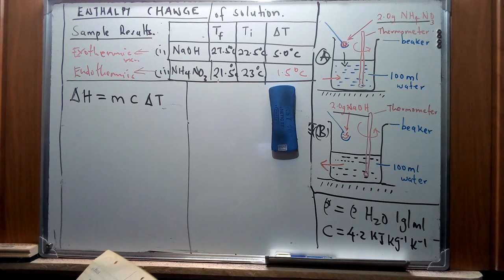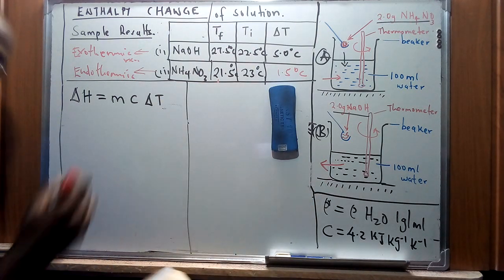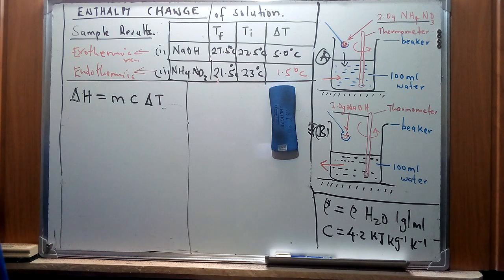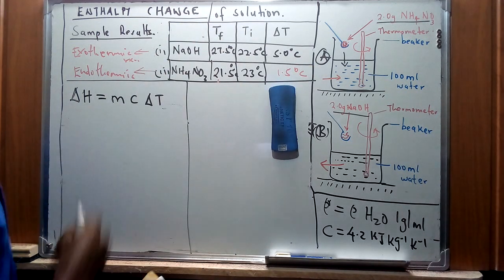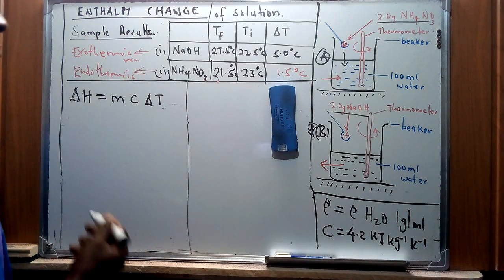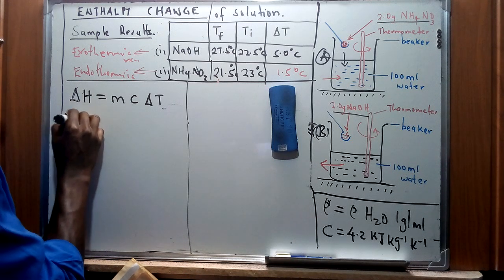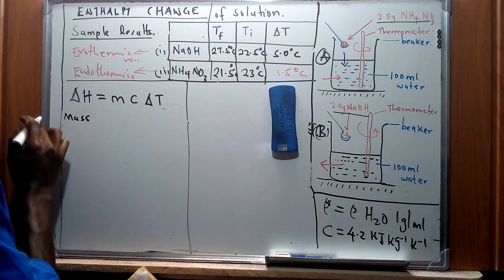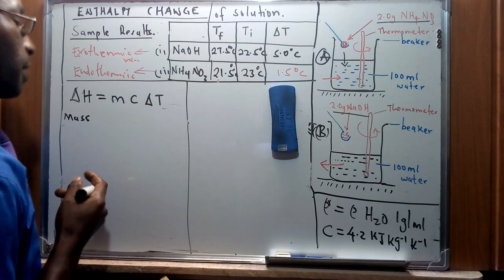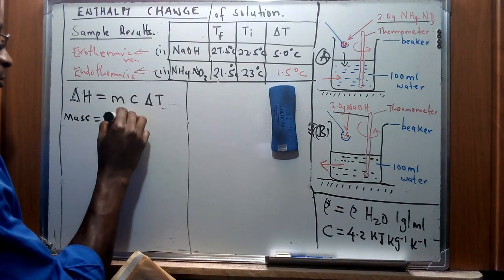So for us to find the enthalpy change for ammonium nitrate, we shall start with the first one, which is ammonium nitrate. We want to find the enthalpy change of dissolving ammonium nitrate in 100 milliliters of water. Therefore, we'll write it as the mass. In this case, we're going to consider the mass of the solution, which is basically the mass of water. We know that mass is equal to density times volume.